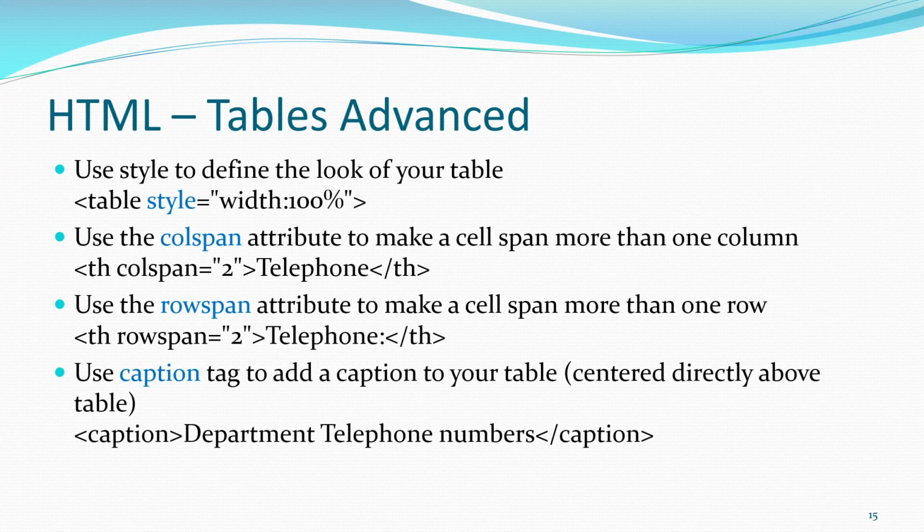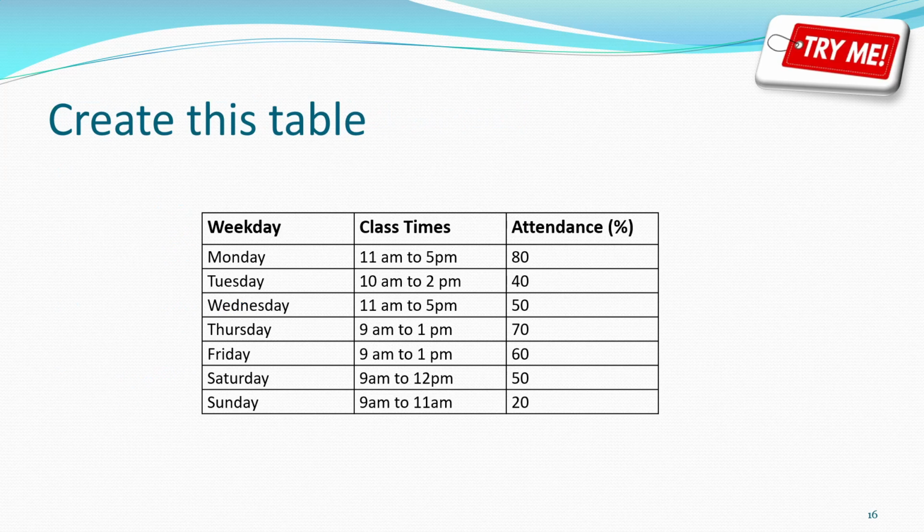Next is colspan, so this will give you individual colors across a column or a row for rowspan. And the last one there is caption. This is basically putting a header above the table.